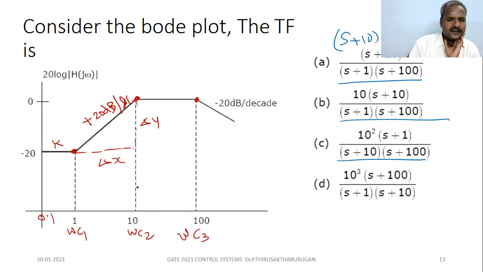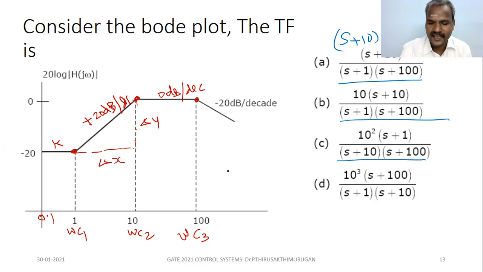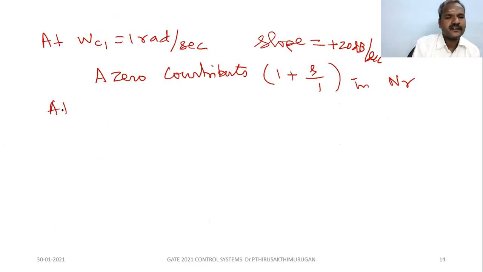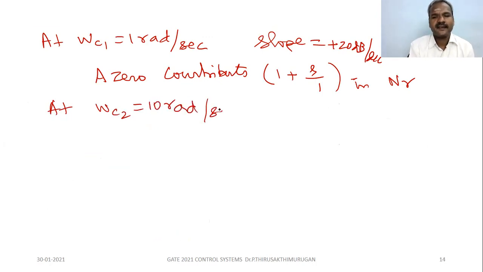Next, go to the corner frequency at 10. At 10, what is the gain value? Gain is 0, but what is the change in slope? Some factor contributes here so that the slope goes from 20 dB per decade to 0 dB per decade. At omega C2 equal to 10 radians per second, what is the slope change? Minus 20 dB per decade.